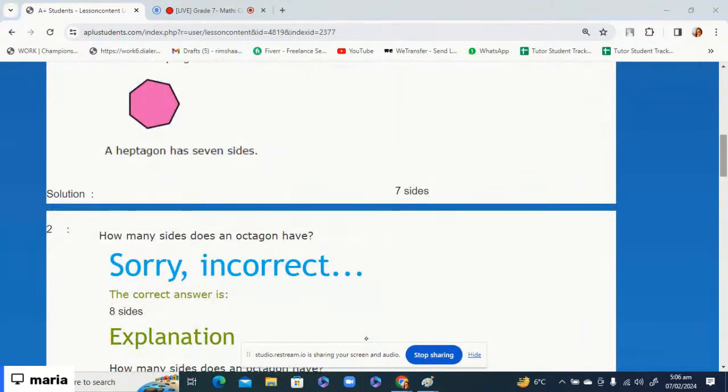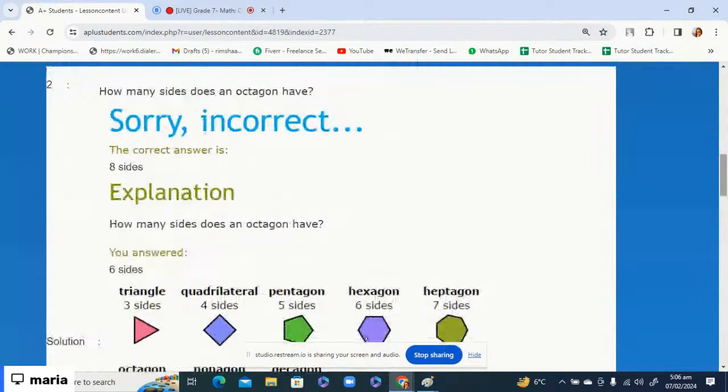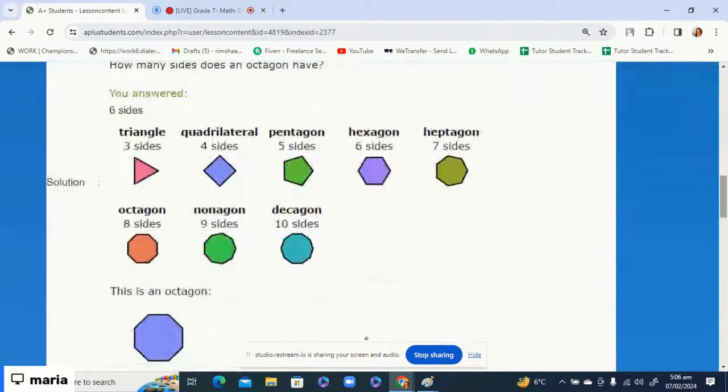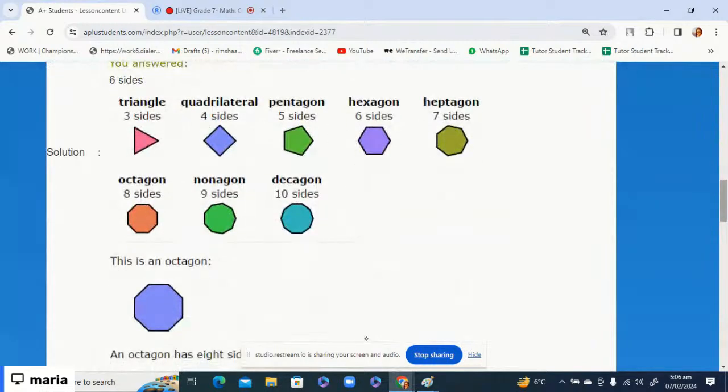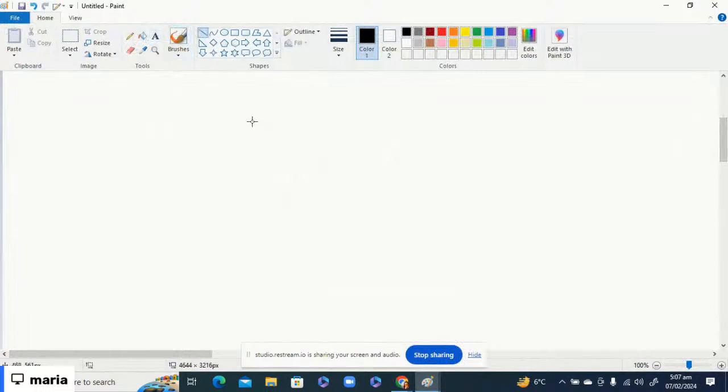All right, now let's discuss this one. How many sides does an octagon have? As we already know, these are all the shapes. So where is the octagon? An octagon has 8 sides. The shape is in the form like this.